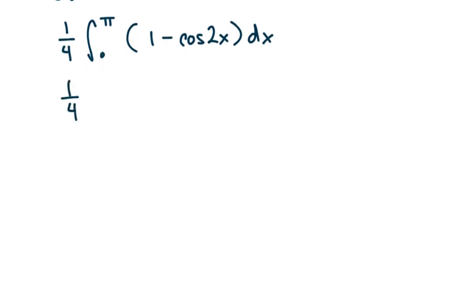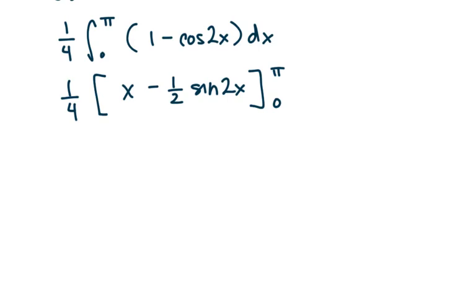So integrating with respect to x, that 1 becomes an x, and cosine 2x is going to be sine 2x divided by 2, or minus 1/2 sine of 2x, and that's from 0 to pi.